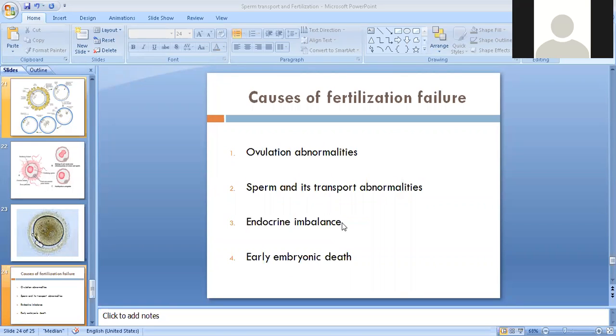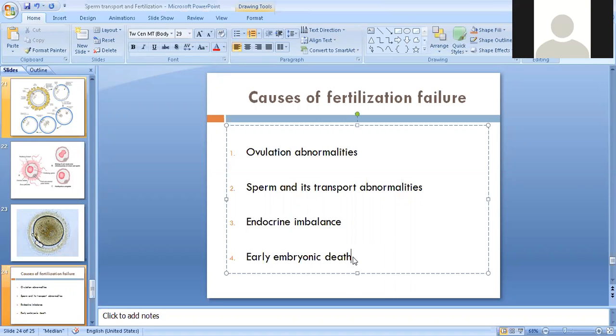All these events are very well controlled by these hormones. So if there is any imbalance of hormones, either any of these processes or all of them can be hampered, which will lead to failure of fertilization and early embryonic death due to any infectious reason, or implantation failure, or any of the reasons.